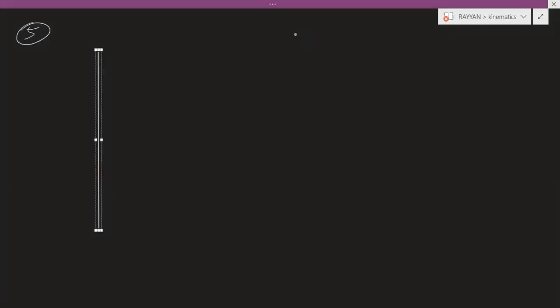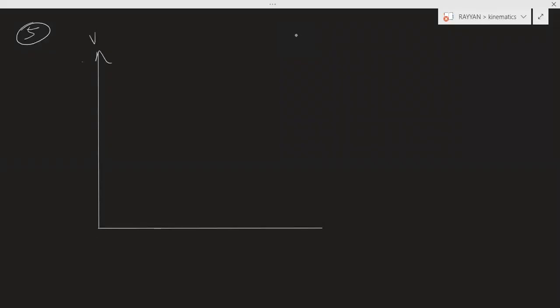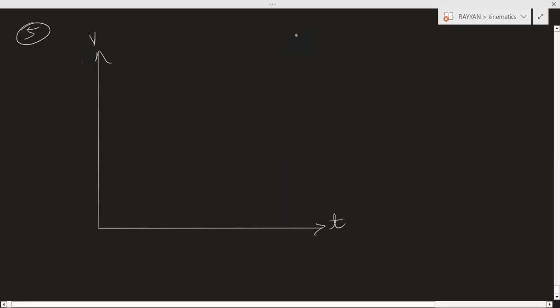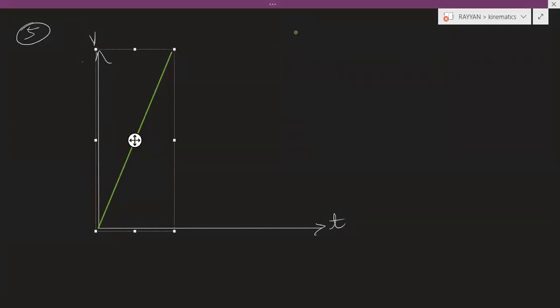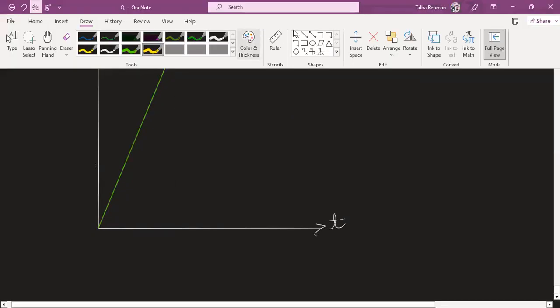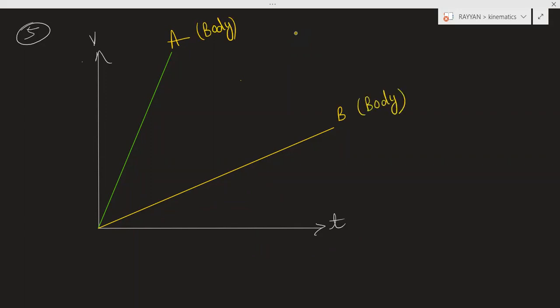Graph number 5. This is for body A. This is for body B. The graph of body A is this.